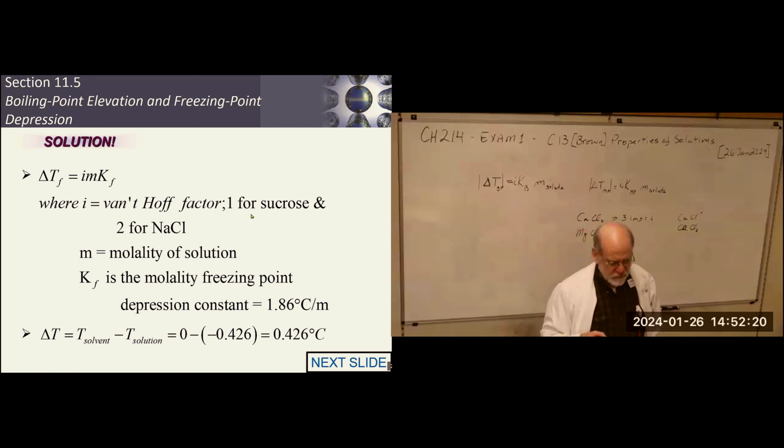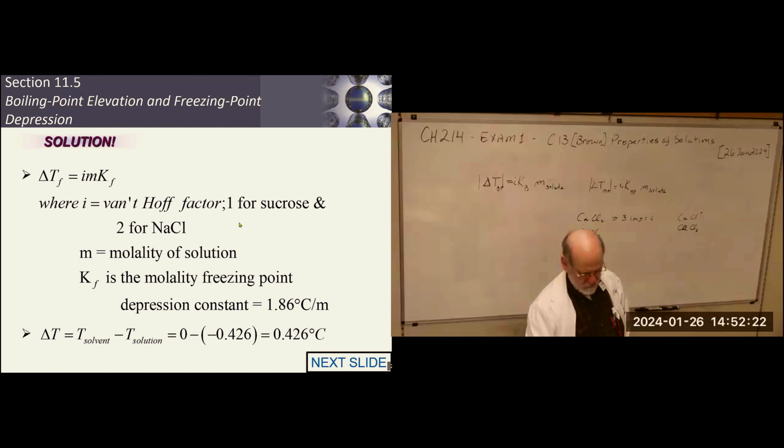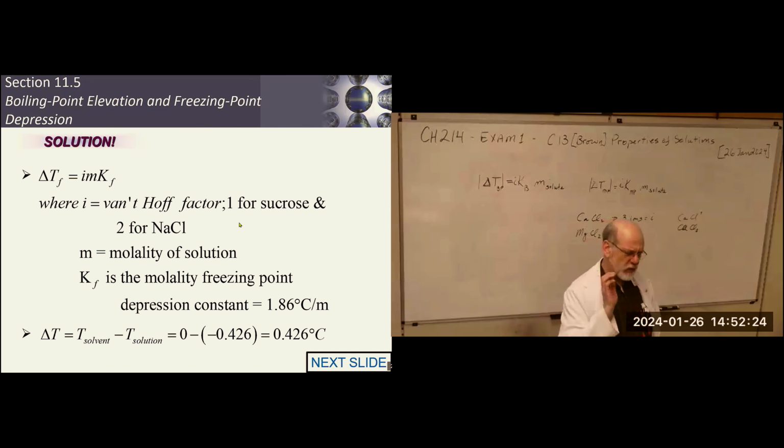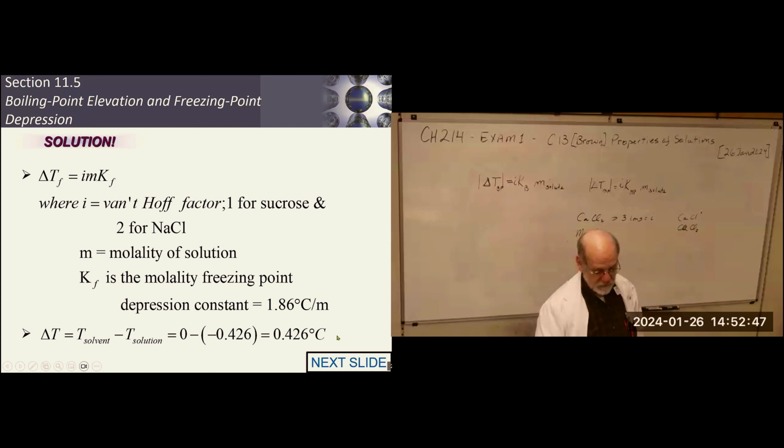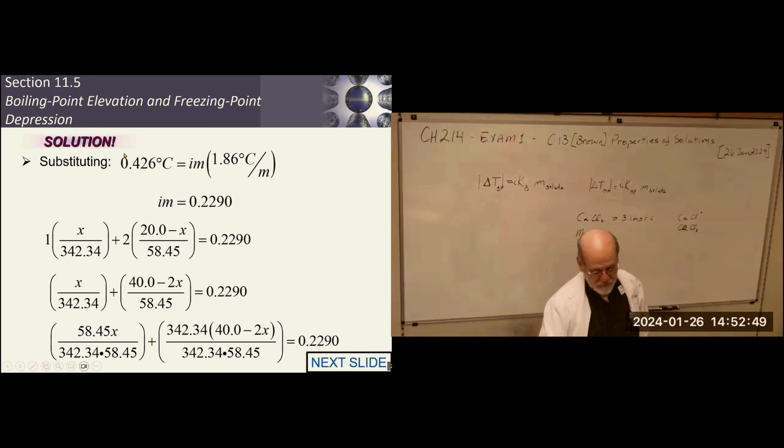So that's the actual molality of the solution, but we have to incorporate the variation in their dissociation in solution. This is the freezing point depression constant for water, 1.86 degrees C per molal. And the change in temperature is 0.426. So that's what we're going to put in this equation.